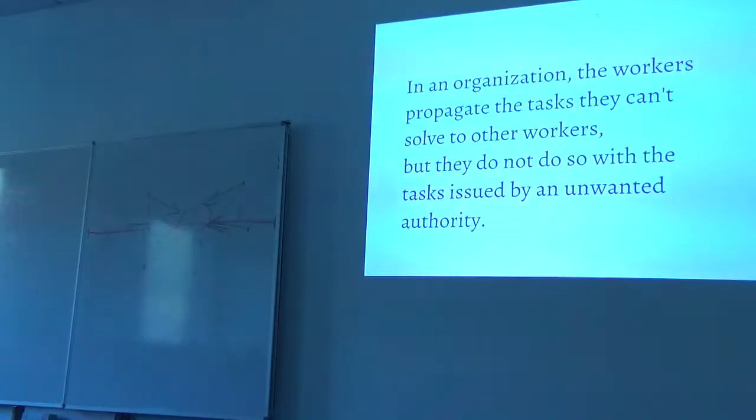In a system like that, you could imagine that an organization is working like this: you receive some tasks, you need to do them, and if you cannot do them, you can propagate them, but the authority that issued a task might become prohibited from issuing tasks at some point.